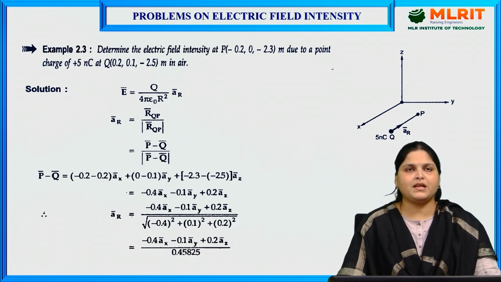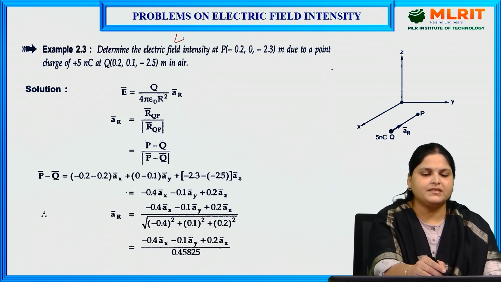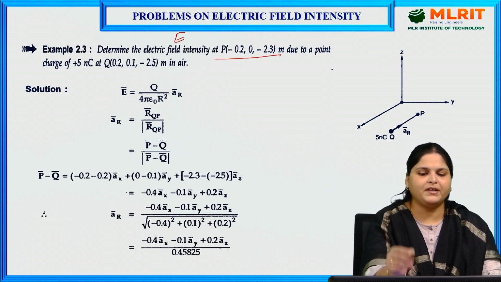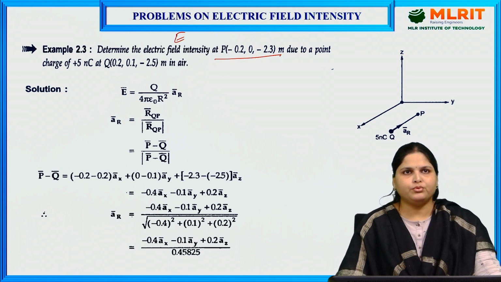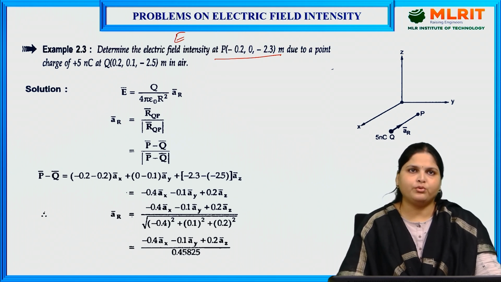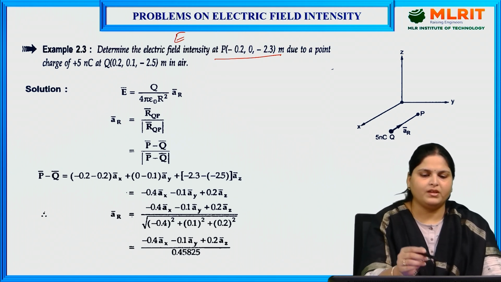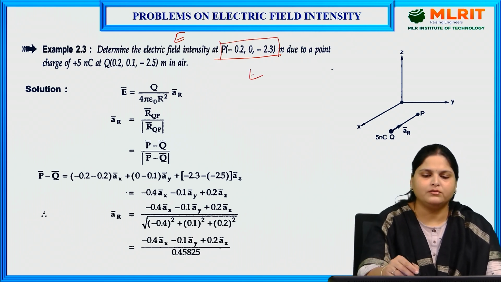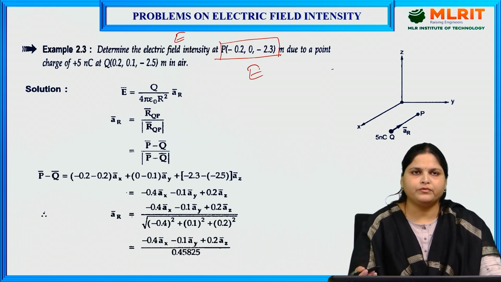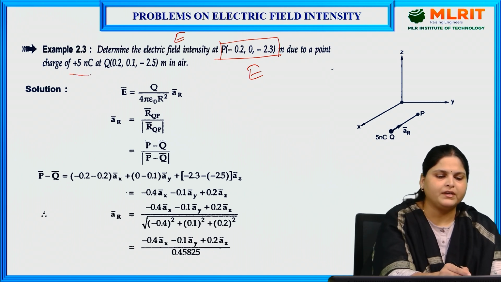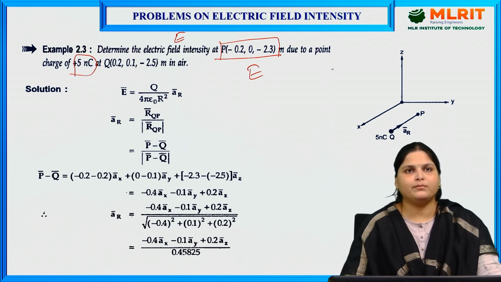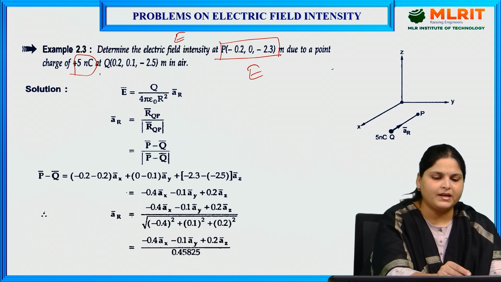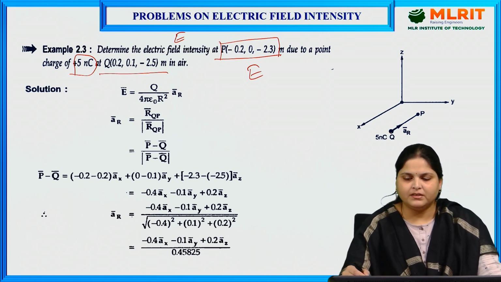Let's take this example. We have to determine the electric field intensity E at the point P due to a point charge of 5 nanocoulomb at Q. Means at P we have to find out the field. Due to which charge do we need to find the field? We have to find the field due to this 5 nanocoulomb charge which is located at Q point.